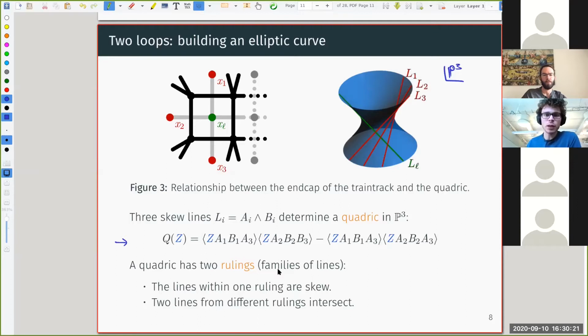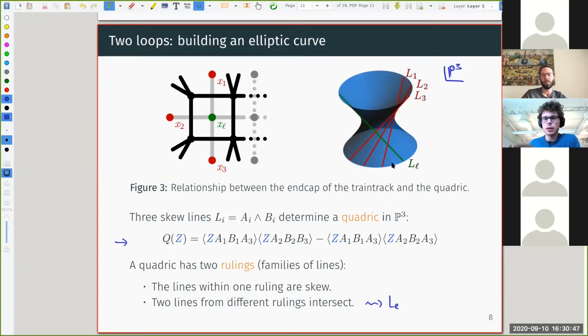That's convenient because, again, we still have to find a line that corresponds to this loop point here. But since we're interested in the leading singularity, this point should be lightlike separated. So the corresponding line should intersect all the other lines. It means we can just take it to be from the other ruling. So this gives us a way to say where this green line should come from.